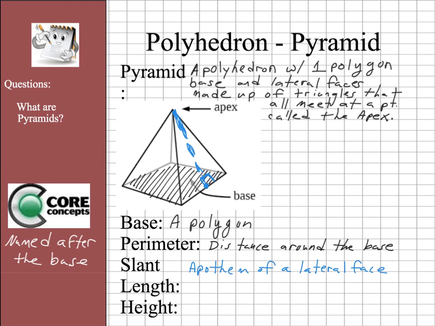It is not that other length. It is not that other slant. It is not this one. Okay? This over here is not the slant. Okay?